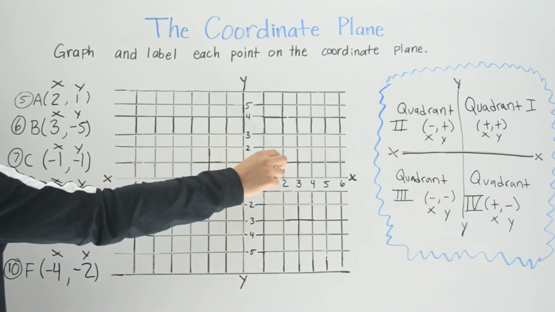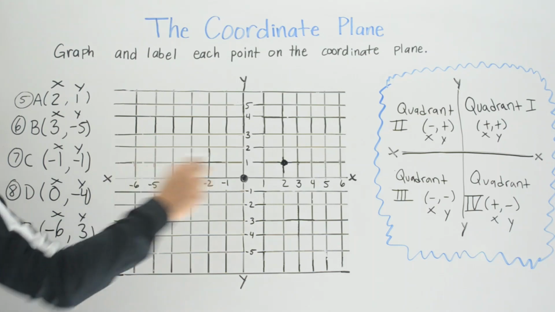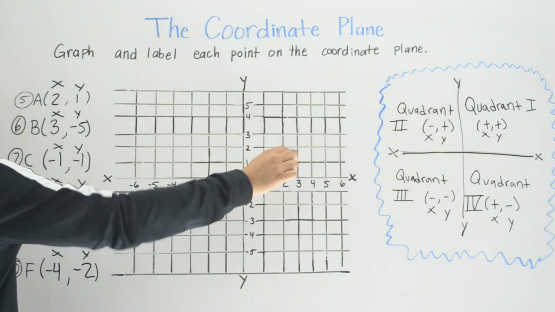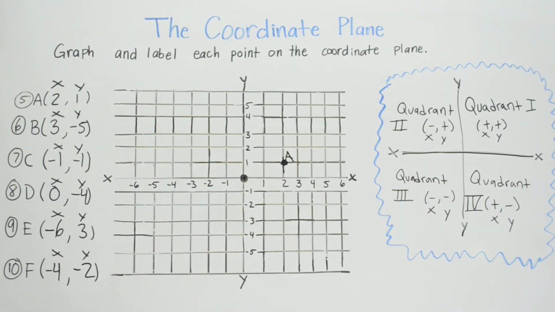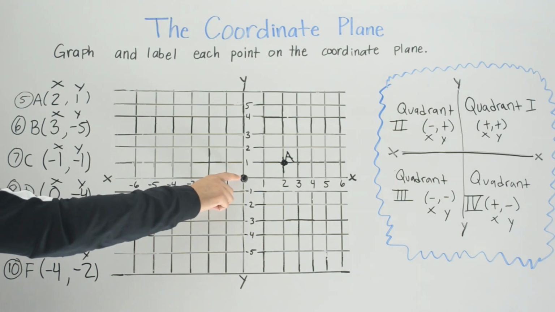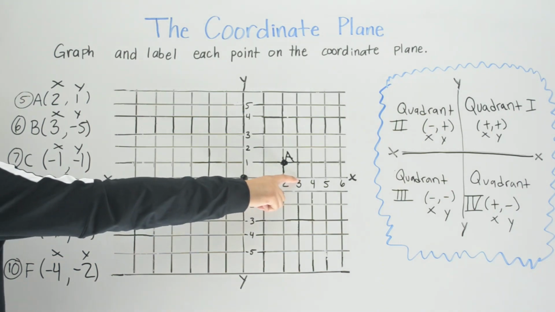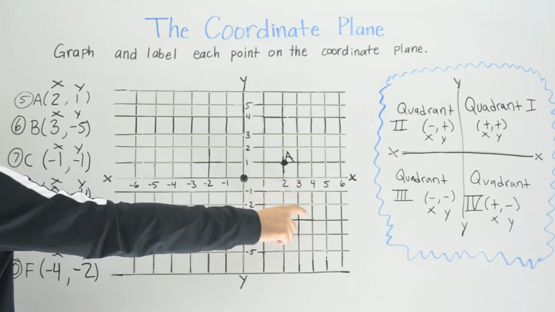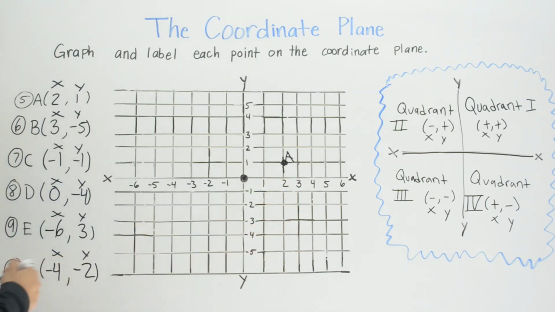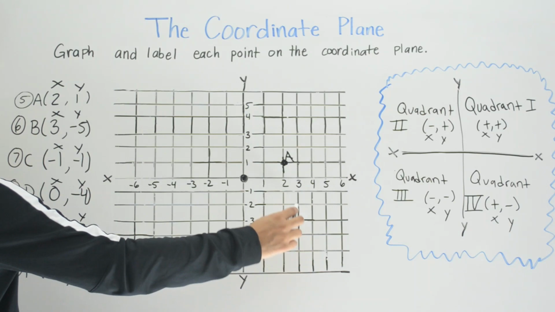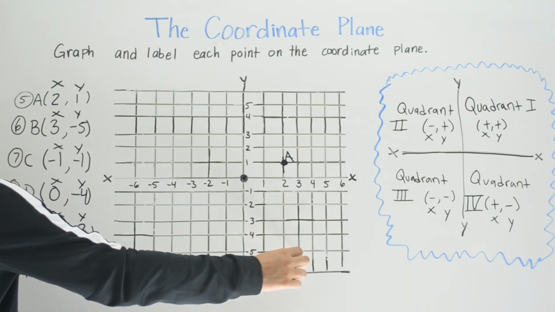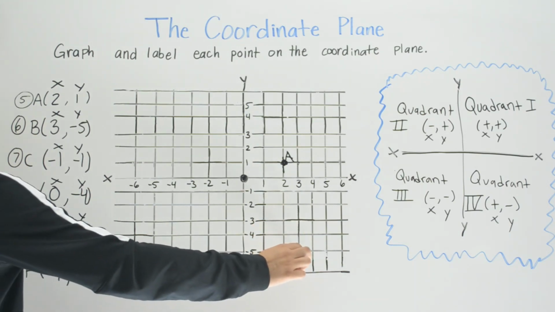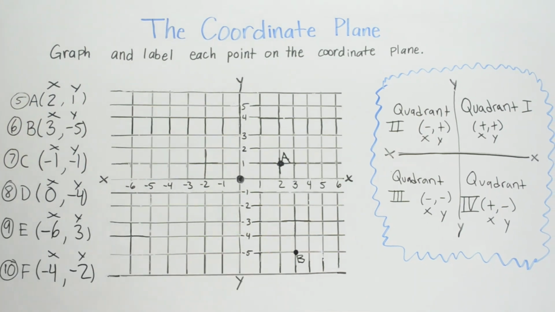Then we label that as A. Then on the next one, we have B, with X as 3 and Y as negative 5. So once again, we go to 3, and we go to negative 5. Negative 5 is going down: 1, 2, 3, 4, 5. And then we put our label, which is going to be B.